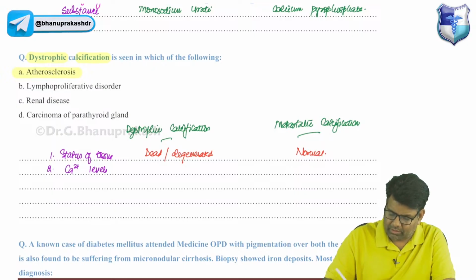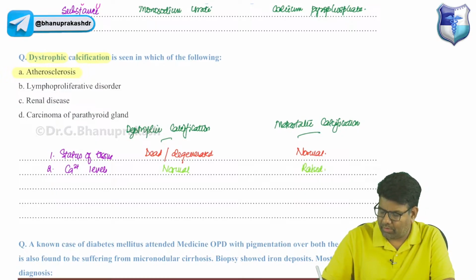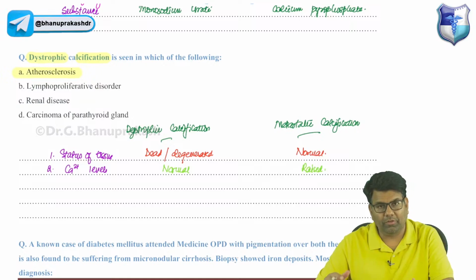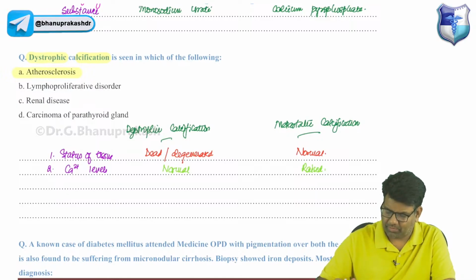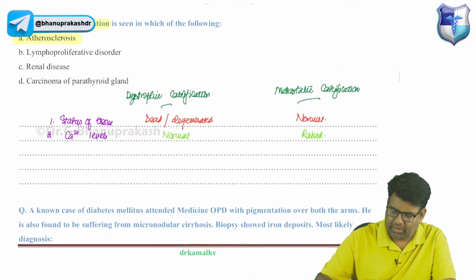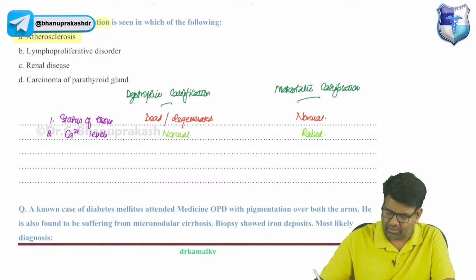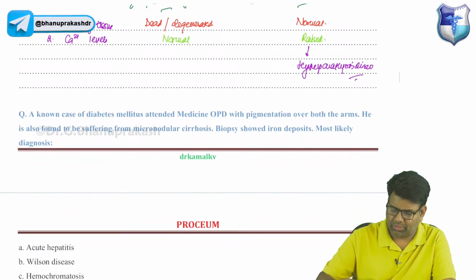And then in cases of dystrophic calcification, calcium levels are normal, but in metastatic they are raised. So this is how, based on these 2 points, you can differentiate dystrophic from metastatic calcification. For example, dystrophic calcification occurs in atherosclerosis. Any condition which causes raised calcium levels, like hyperparathyroidism, will lead to metastatic calcification. Just the basic difference between the two.